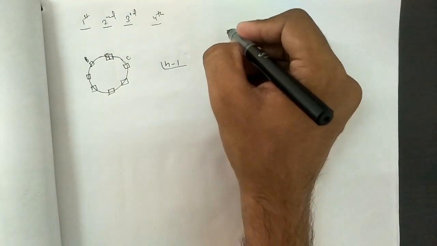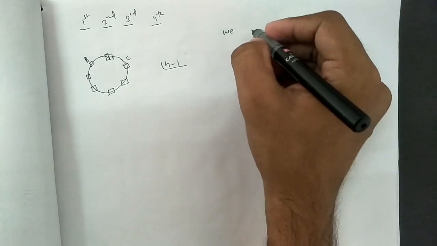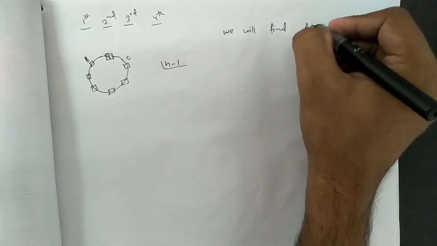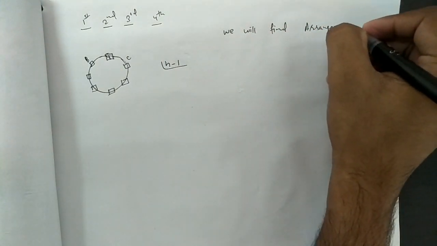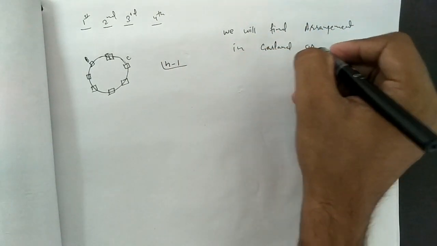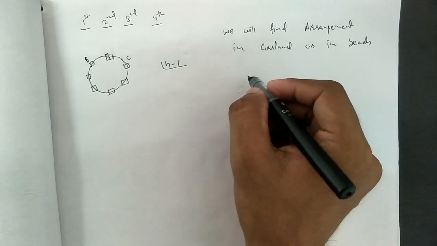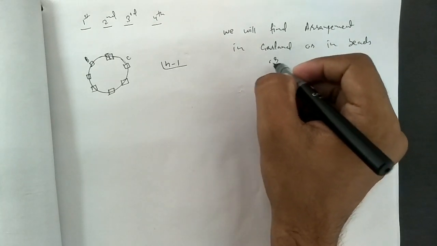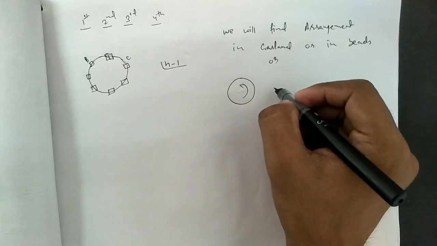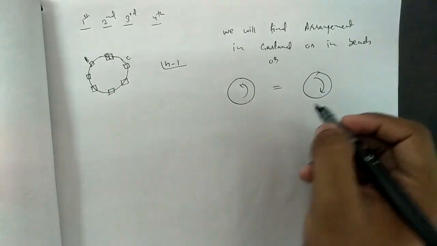Now if we find the arrangement in a garland, or in beads, or a ring, the ring is the same clockwise or anti-clockwise.